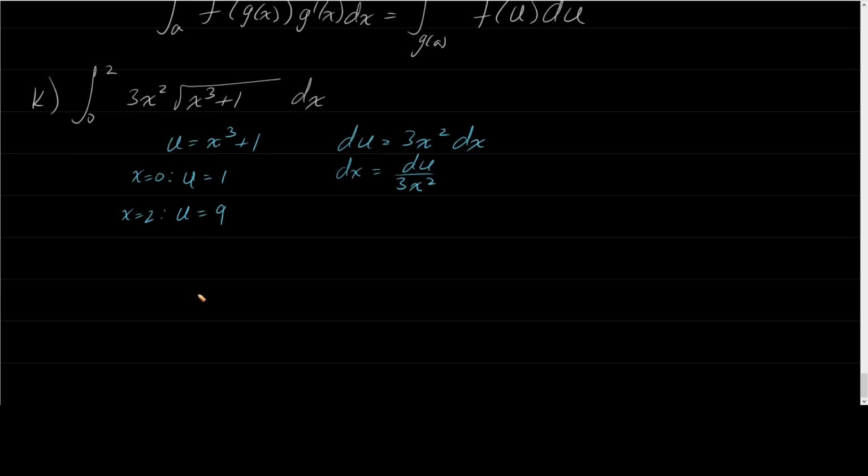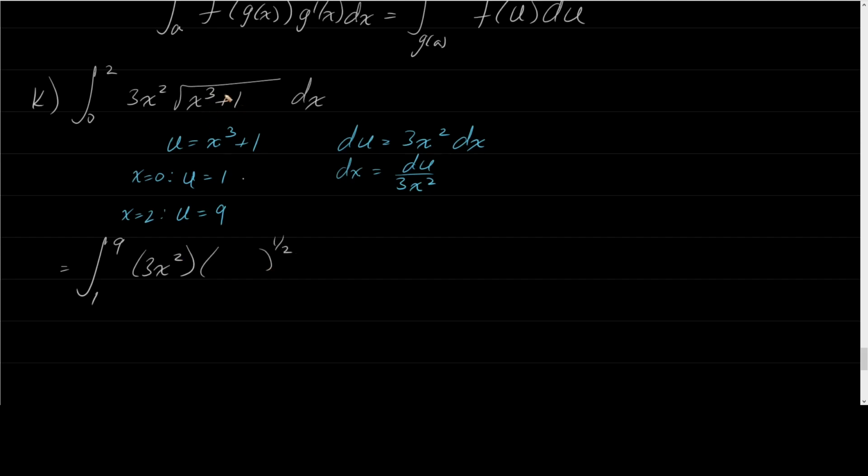So what we can say now is that this integral becomes the integral from originally 0, now it's 1, to originally 2, now it's 9, of this 3x squared, which was not part of our substitution. This square root, I'm going to put it as to the 1/2.